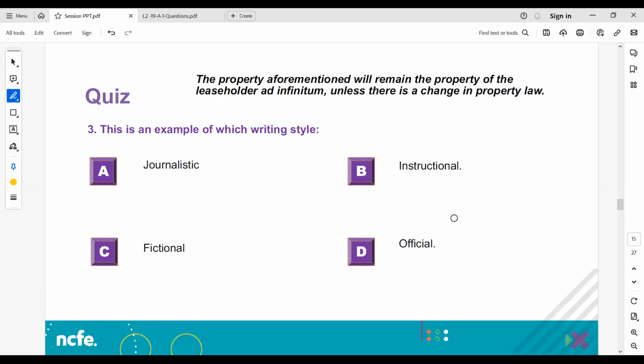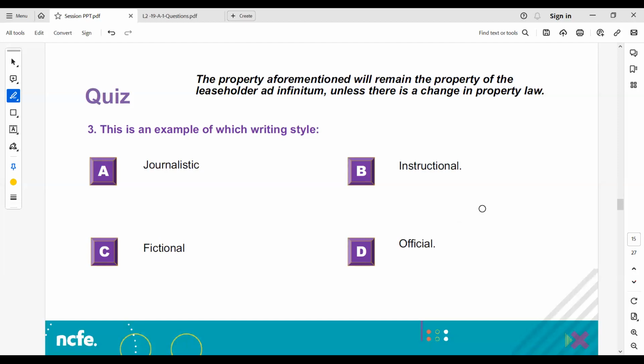So journalistic would be a report about something that's happened. So imagine a newspaper or a magazine. Here we've got the property aforementioned, the type of vocabulary we've got there. It's very formal, isn't it?